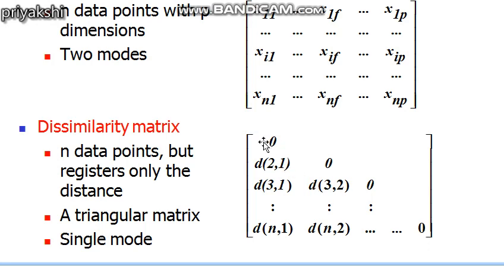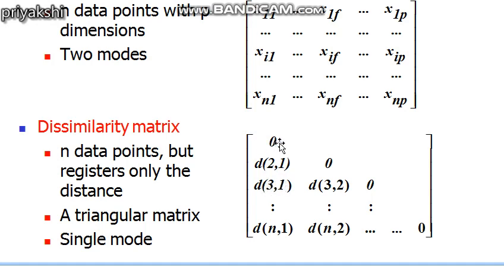That means the distance between student 1 and student 1 is 0, the distance between student 2 and 2 is 0, between student 3 and 3 is 0, between student n and n is 0. I am computing the dissimilarity with the student itself. But here I am computing the distance between the first student and the second student, the first student and the third student.